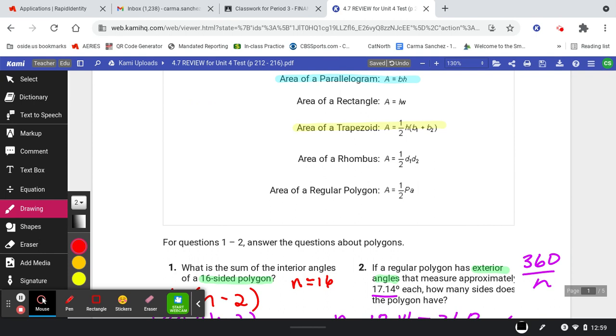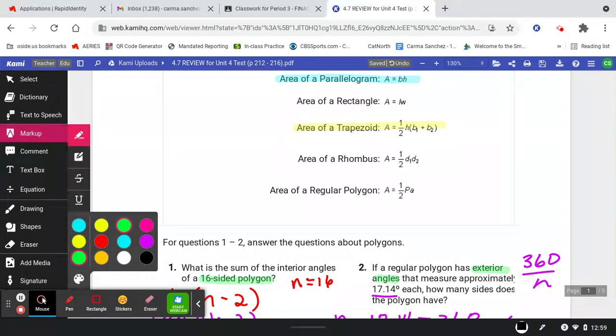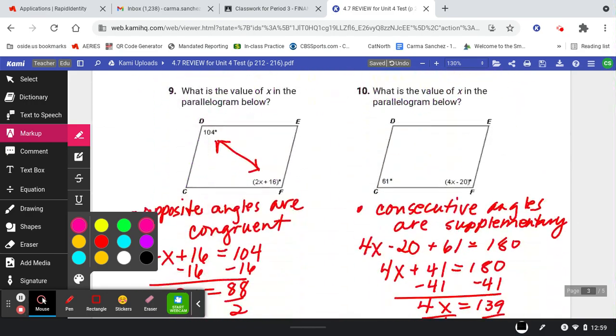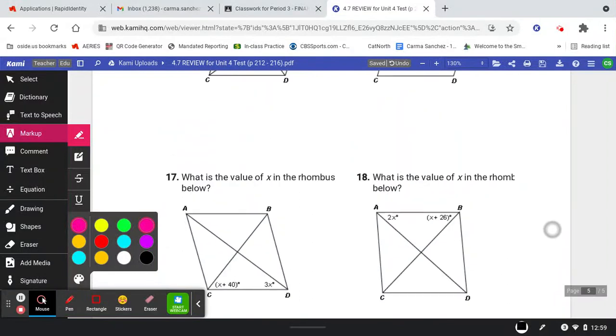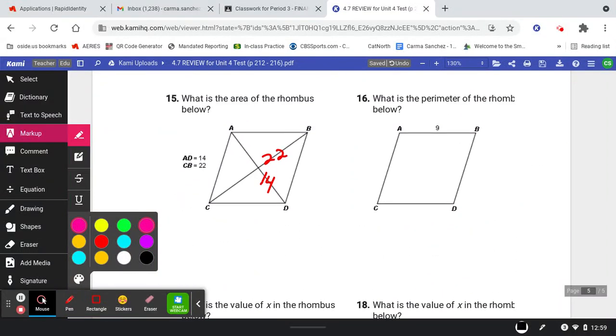I honestly don't know if you learned this formula this way back in middle school. But the area of a rhombus is half of its diagonals multiplied. Do you see that? Diagonal 1 times diagonal 2. So this might be something new for you. Didn't even know that it existed.